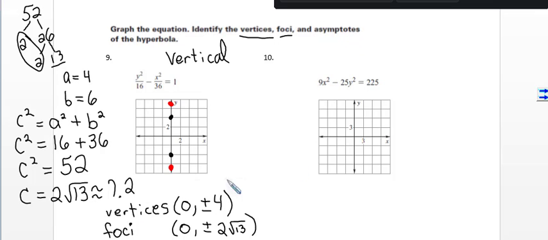Your asymptotes are going to be y equals plus and minus a over b. A over b, that's going to be 4 over 6, which reduces to 2 over 3. So my y-intercept is 0. I'm going up 2 and right 3.